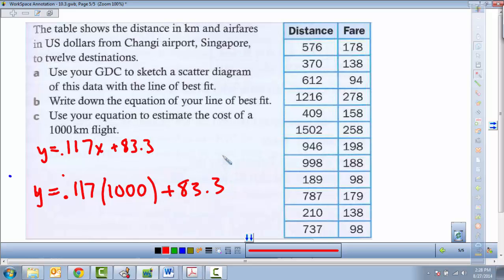And we crunch the numbers, and what we end up with is $200. And you might be saying, wait a minute, that's more than 3 significant digits. And it is, because we're talking about money, so it's appropriate to give our answer using dollars and cents.